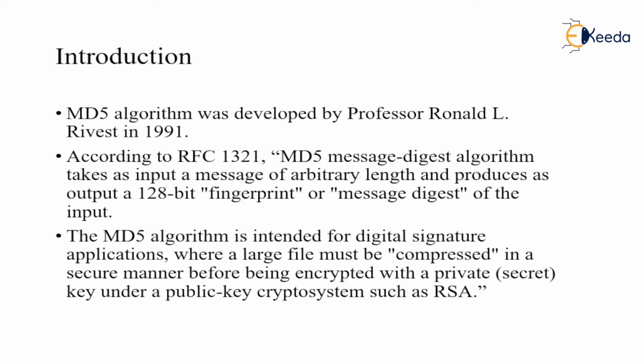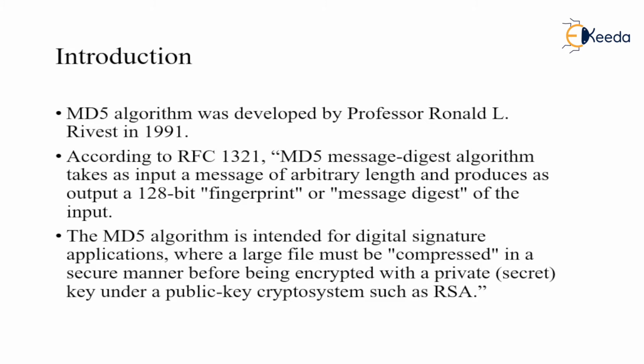And according to RFC 1321, MD5, which is a message digest algorithm, takes as input a message of any arbitrary length and produces a fixed output of 128-bit, which is also called a fingerprint or the message digest of the input message.